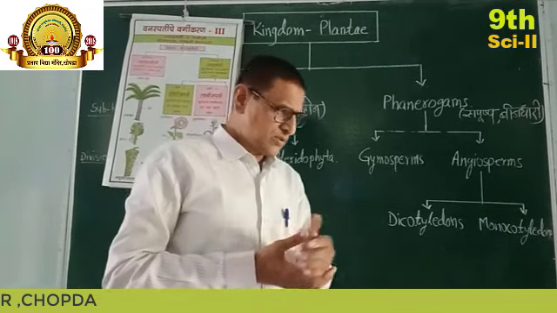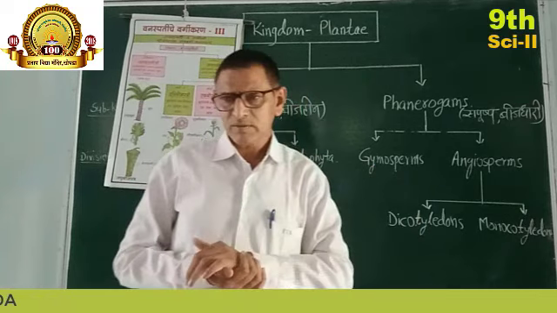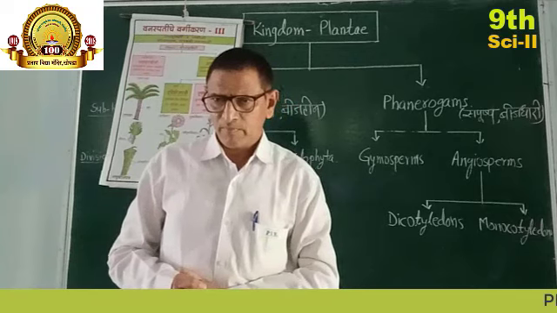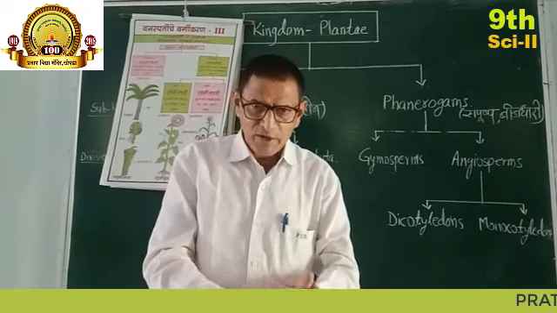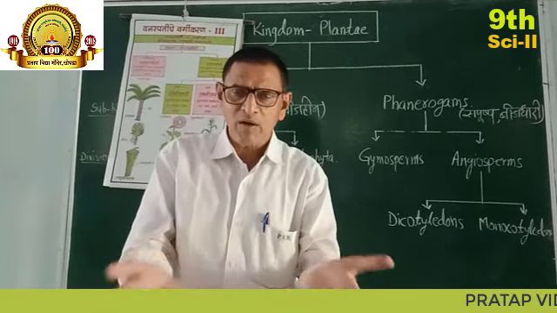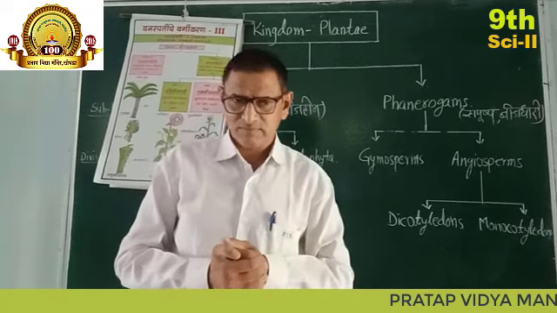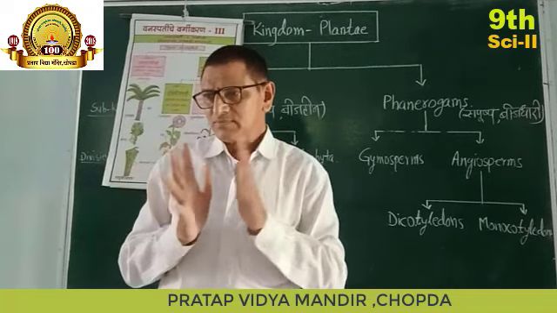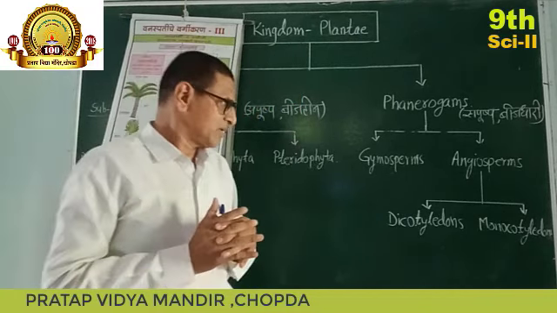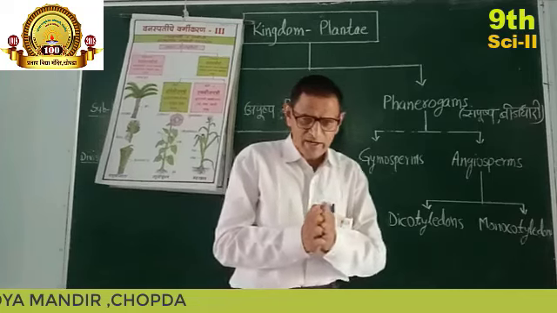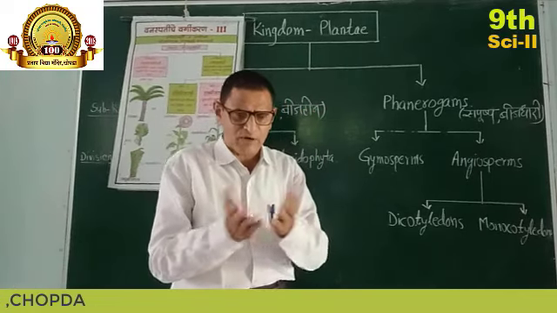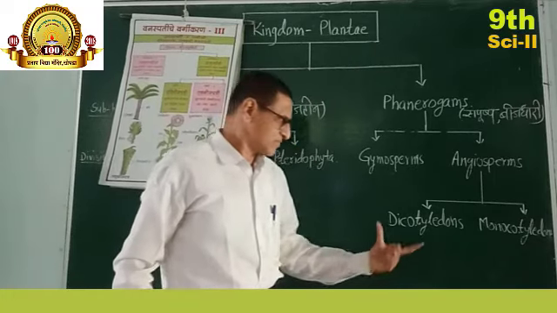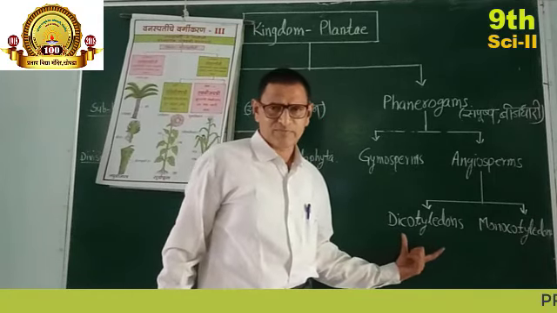After 2-3 hours, observe whether the soaked seeds divide into two same parts or not. If the seeds divide into two equal parts, then that plant is a dicotyledon.